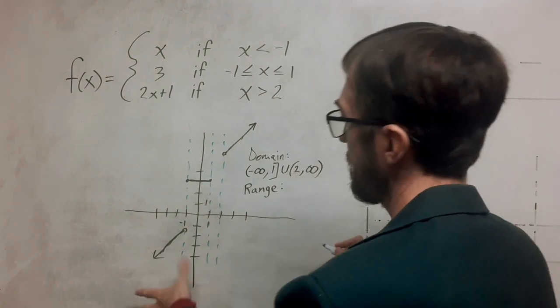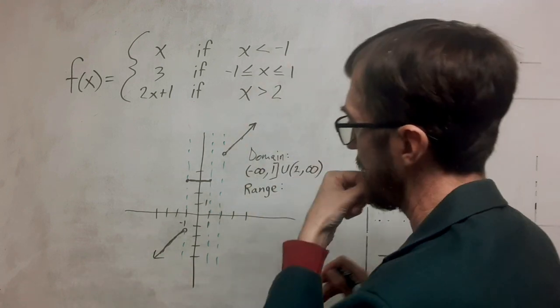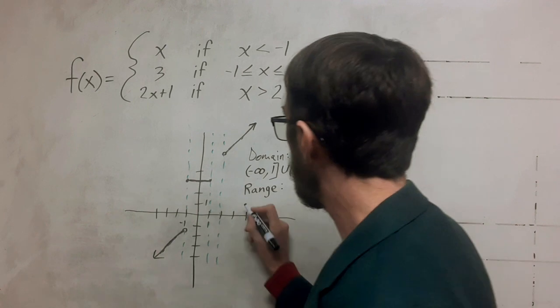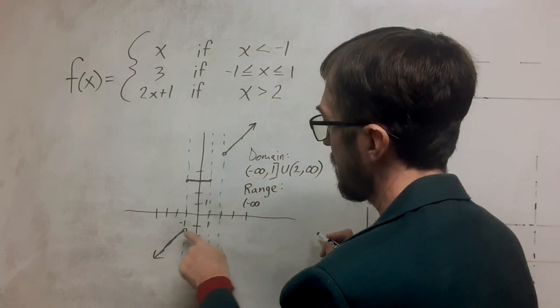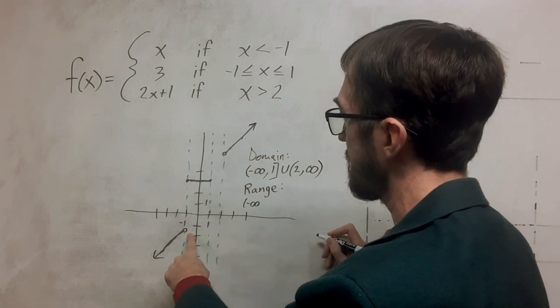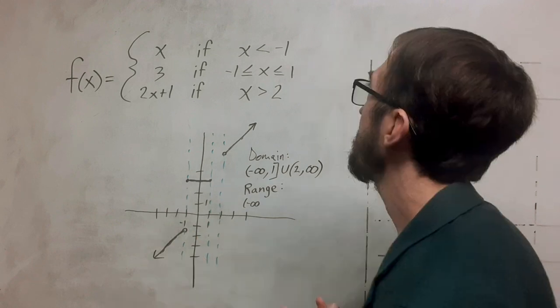This one's going all the way down, this one goes all the way up. So we're going to start at negative infinity, and we're going to move up until we get to this location here.